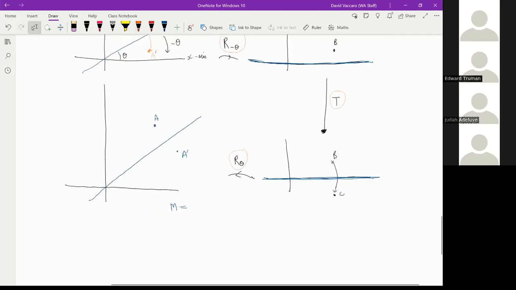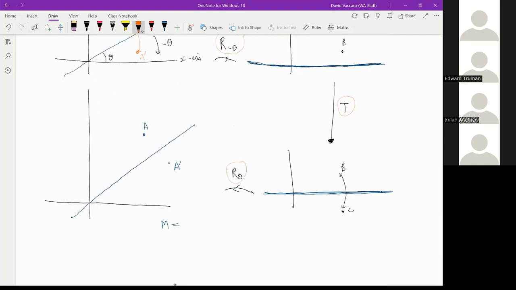But if you think back to GCSE, the order of composition is from right to left. So the matrix M is, we read it in this direction. It's R theta, T, R negative theta.